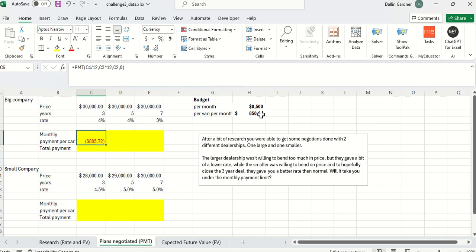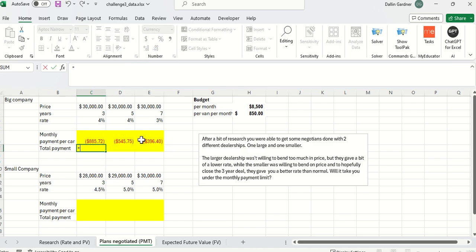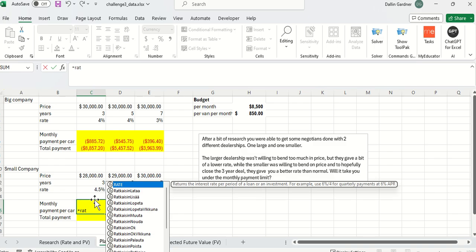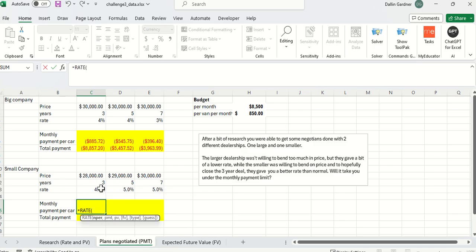It's a little bit higher than what that is, but these two would work. Let's see if we can get something a little closer to the budget so we're not paying as much over time. The total payment would just be times 10. Again, over the budget. So let's see if the smaller company has something better.